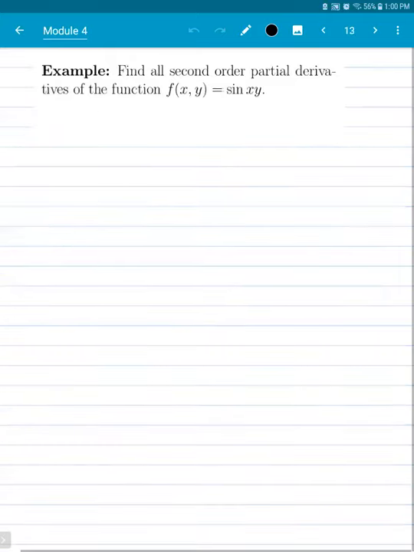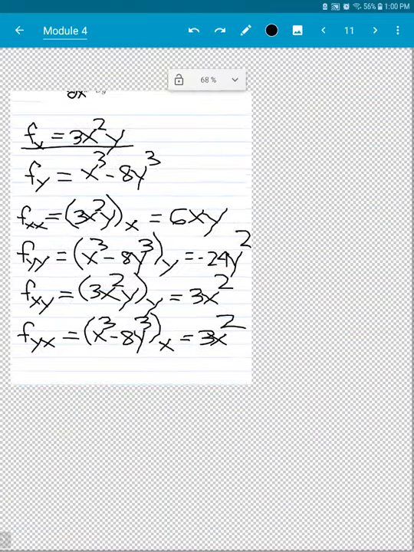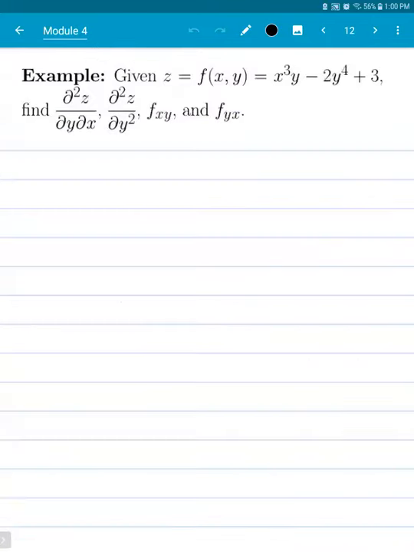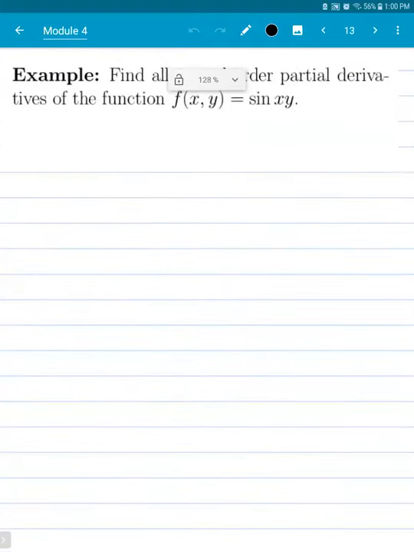Take this one: f of x, y equals sine of xy. Do you still recall the derivative of sine? It is positive cosine.